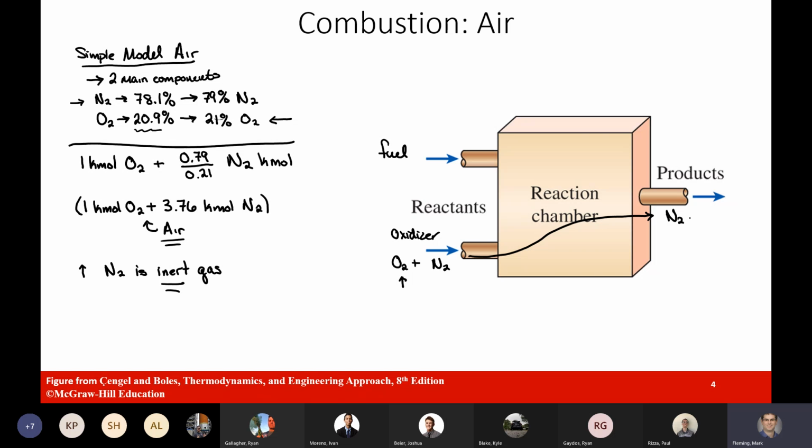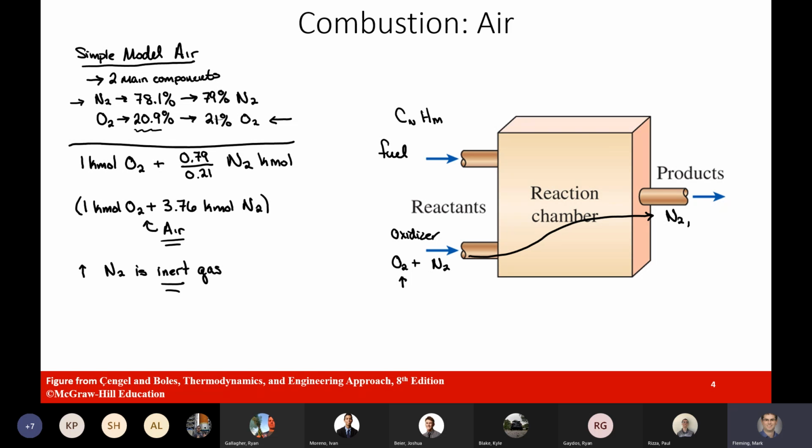Now, at this point, since we're talking products, we can figure out what are going to be the main things that come out of this combustion reaction. Our fuel is going to be CnHm, so we're going to have carbon, hydrogen, oxygen, and nitrogen.